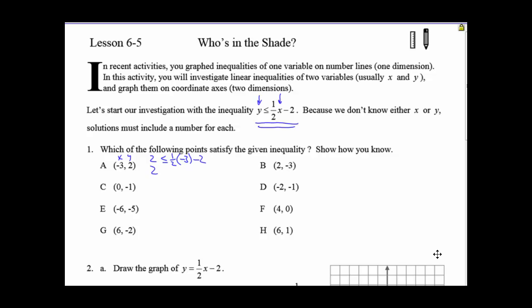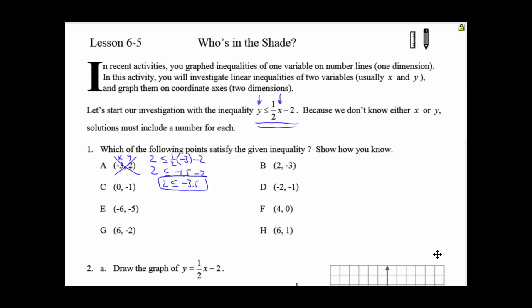Simplifying, we get 2 less than or equal to negative 3 divided by 2, which is negative 1.5, minus 2. When we put that together, we get 2 less than or equal to negative 3.5. Is that a true statement? The answer is no. So this is not true.